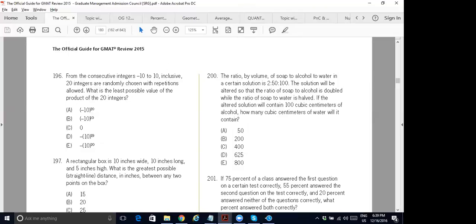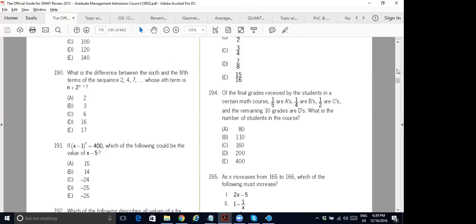So the reason why I asked to try this question. As in, am I using the wrong method? No, the point is there are two types of questions. One type is the could be scenario, and the second type asks for the must be scenario. In a could be scenario, you will be given one possible answer choice and you have to figure out. In a must be scenario, like on the right, question number 195, which of the following must increase?